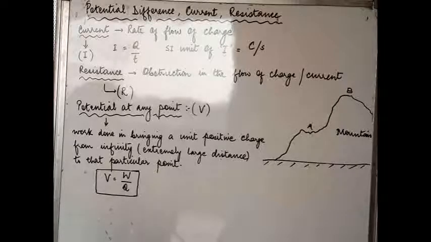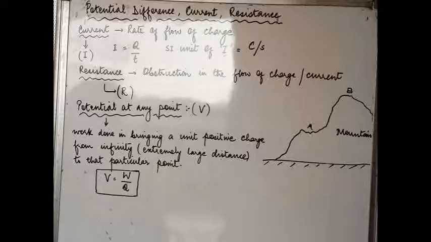Now the next word that we come across is resistance. Resistance is basically the obstruction in the flow of charge or current. So it is not always possible that the charge or the electrons will keep flowing smoothly and there won't be any obstruction whatever. No, that is not the case.